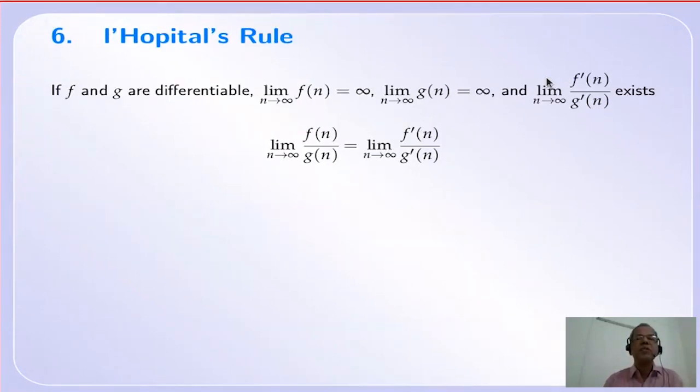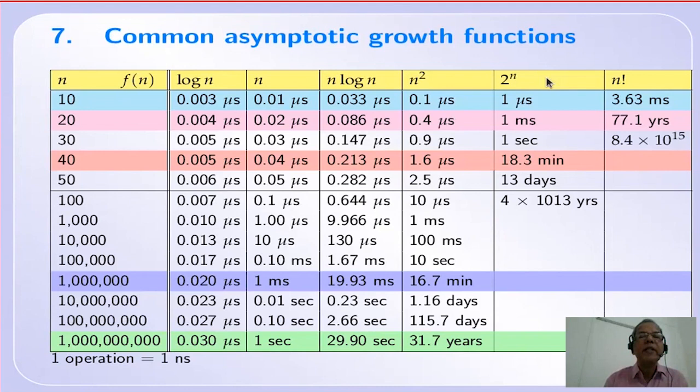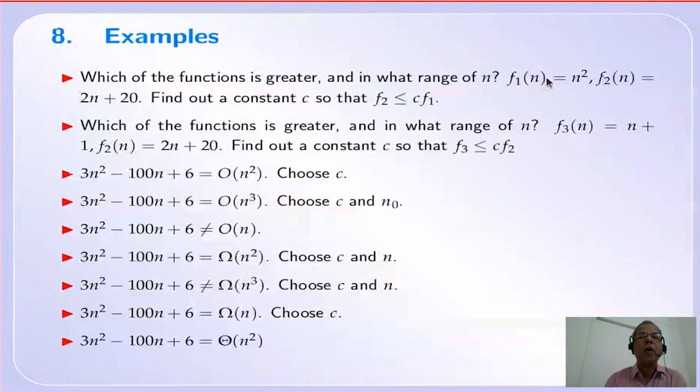Now we will work out a few examples. I will come to this limit finding thing later on. 3n squared minus 100n plus 6. Prove that this is big theta of n squared.